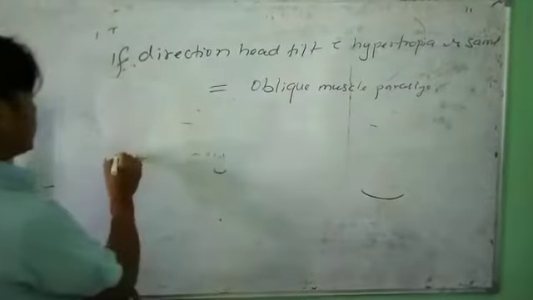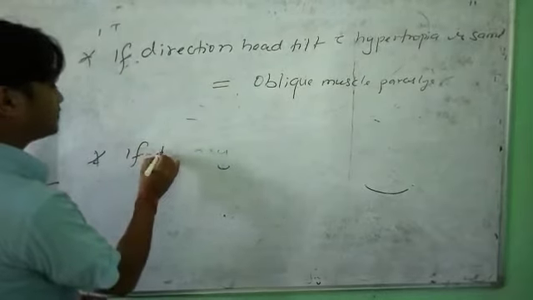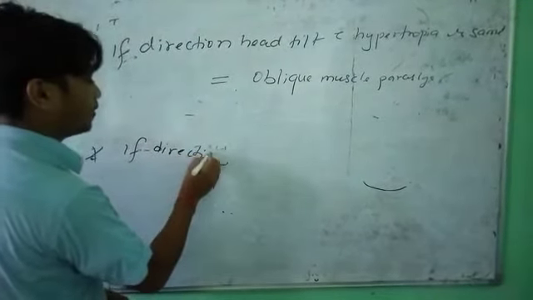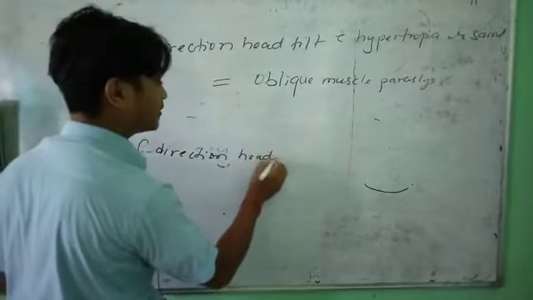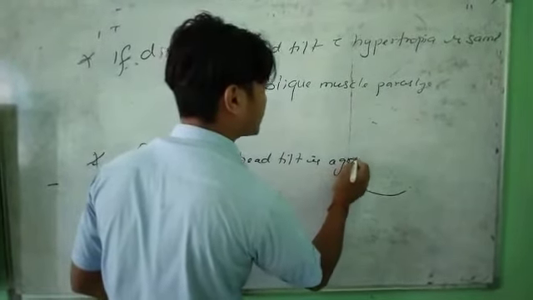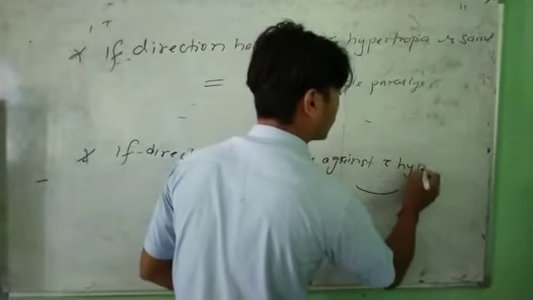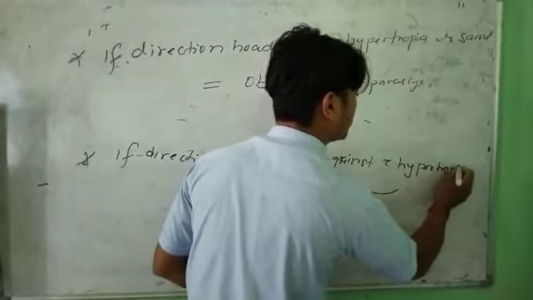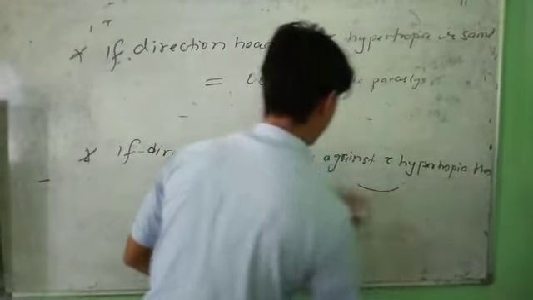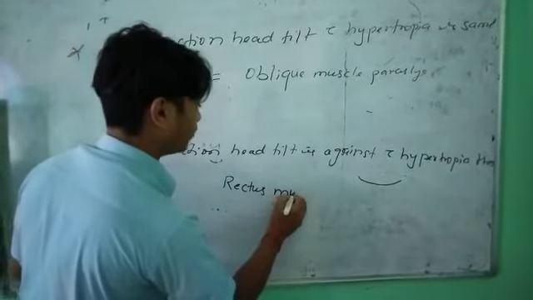If the direction of head tilt is against the hypertropia, then rectus muscles are palsied, are paralyzed.